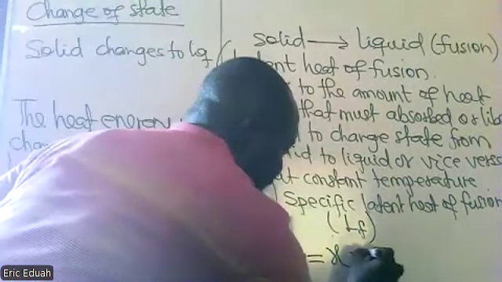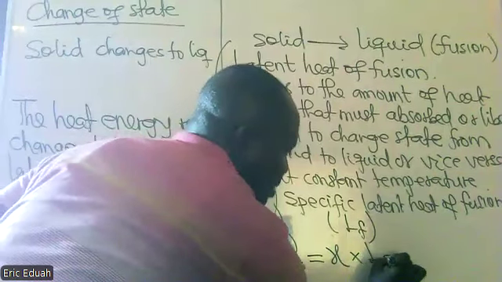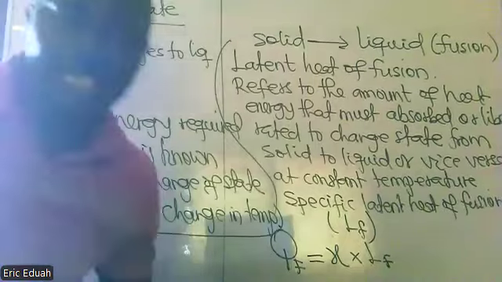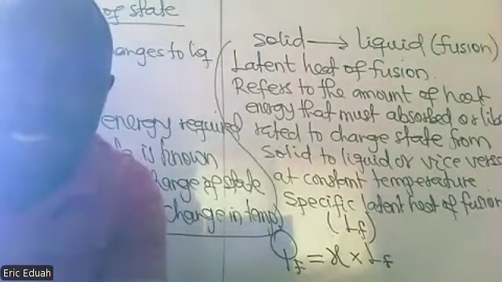So this is X times LF. Don't forget, here change of temperature does not come in because change of state occurs at a constant temperature.